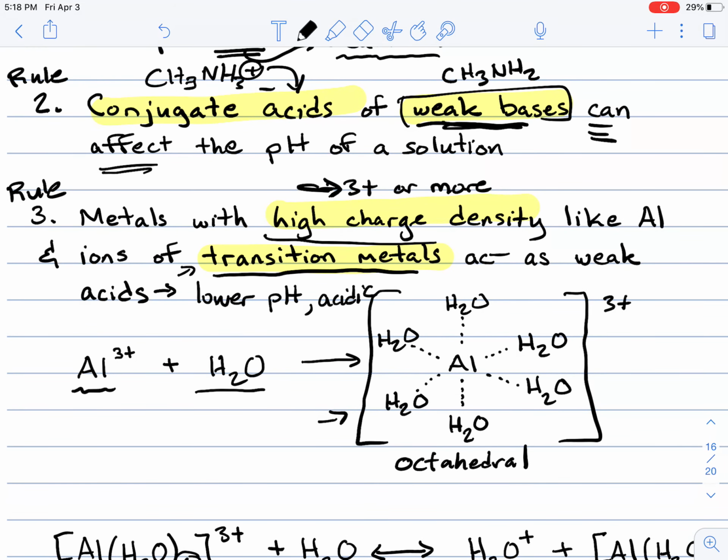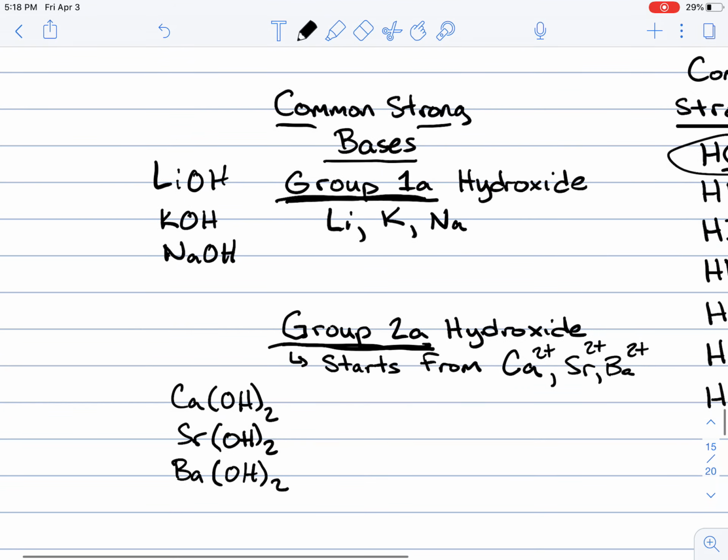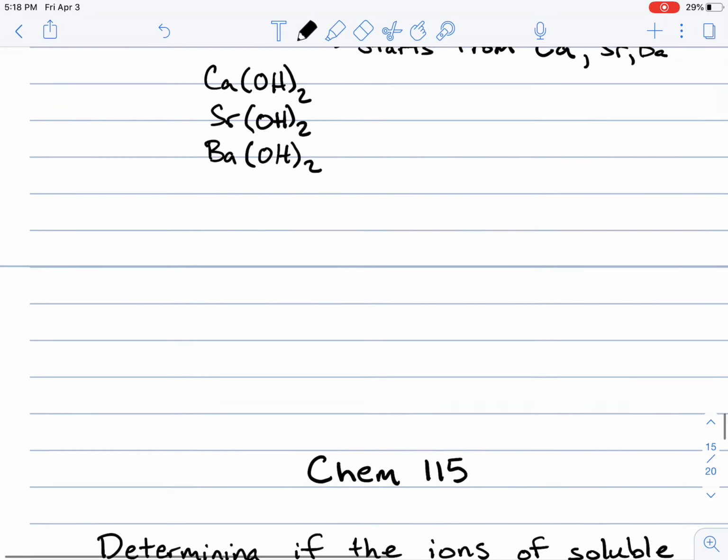And so since CH3NH3 plus, methyl ammonium, is an acid, it fulfills that part of rule 2, and we just need to make sure that its conjugate base is a weak base. And so if you look at the list of common strong bases, that compound that we just wrote down is not found. Okay.